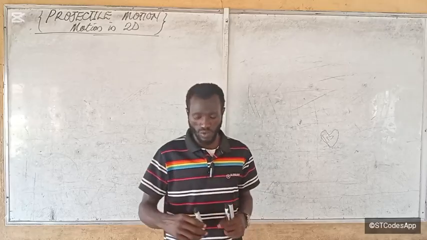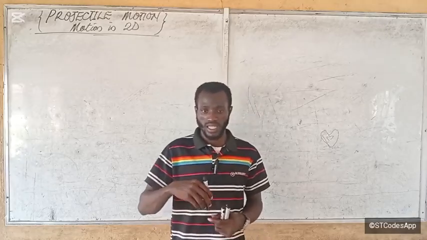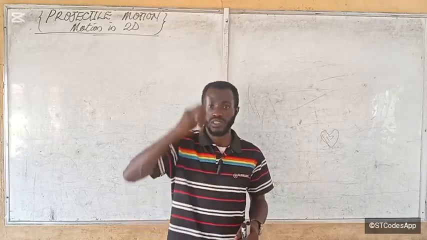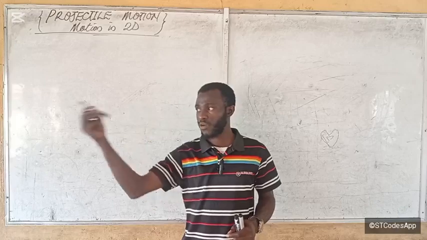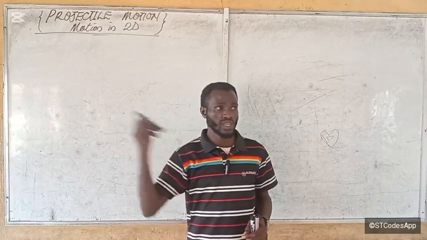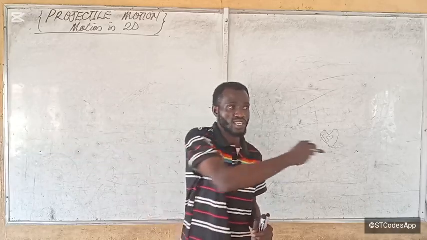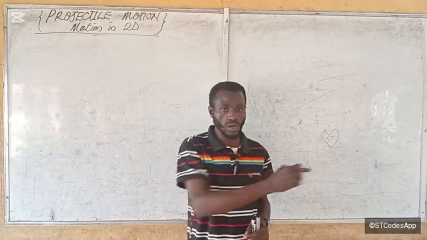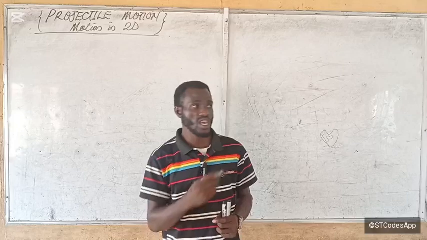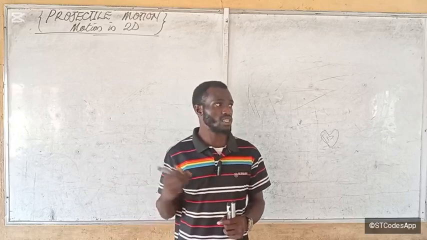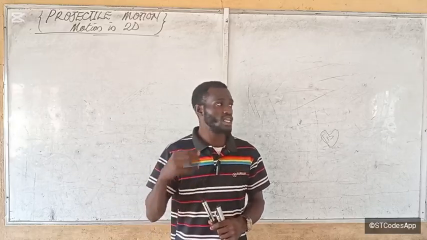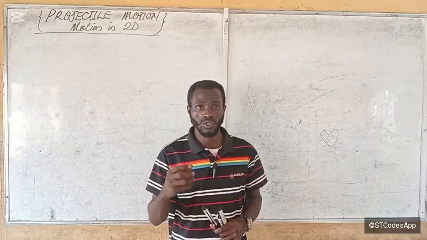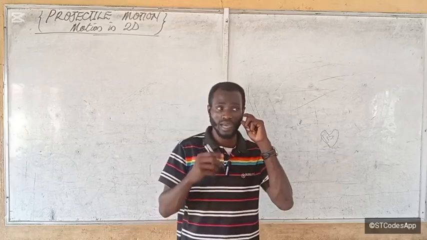So the body could be moving from the negative y-axis to the positive y-axis, or from the negative x-axis to the positive x-axis. In as much as the body did not move away from one plane, we say that the body is experiencing unidimensional motion, or motion in one dimension.